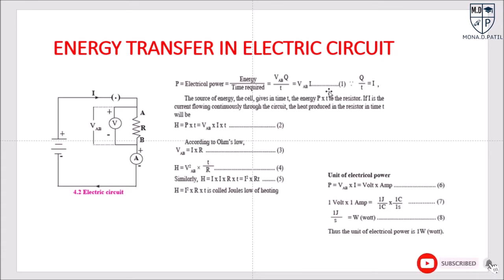Now the source of energy, the cell, gives in time t the energy P into T to the resistor.